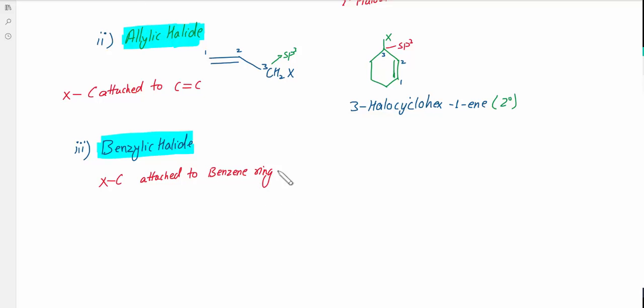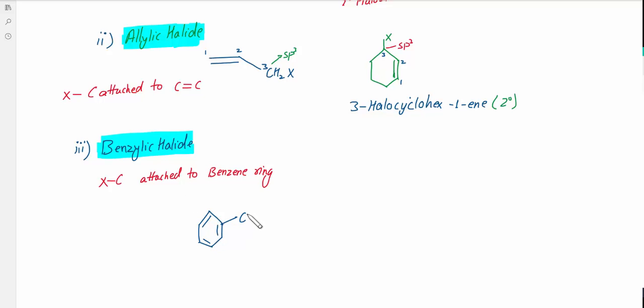So what does it mean? There will be a benzene ring, to that there will be a carbon attached, so it is sp3, and that is attached to a double bond carbon here as well, but it is not allylic, it is benzylic. It is a special case of allylic.